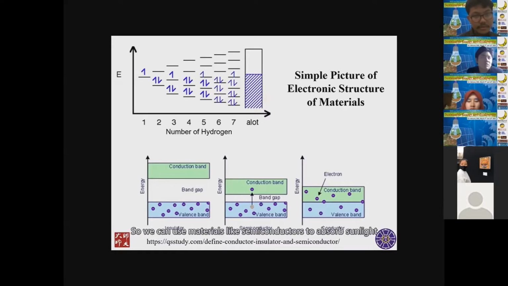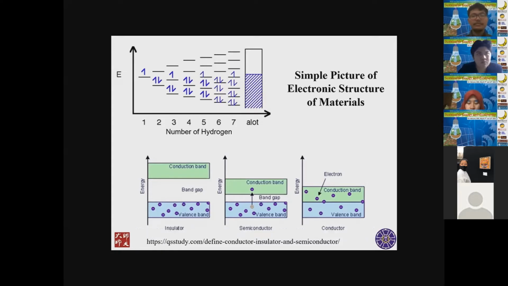So we can use materials like semiconductors to absorb sunlight and generate excited electrons to convert water into hydrogen.